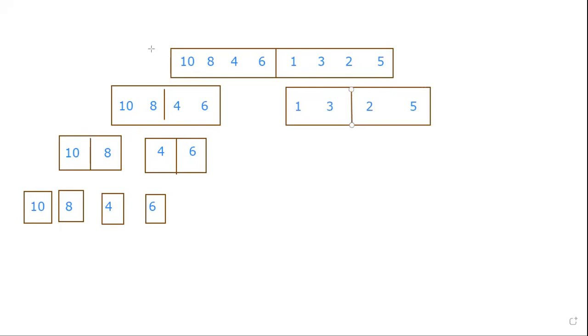Now the array we have chosen has 2 subarrays, each having two elements: 1, 3 and then 2, 5.